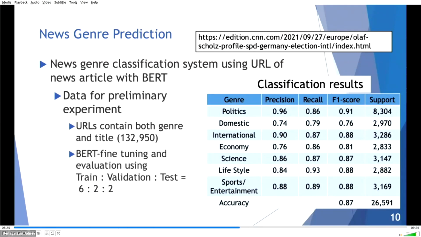We conducted preliminary experiments on news genre prediction using URLs of news articles that can be classified using mapping rules. We confirmed the accuracy of the system is 87%, and it may be a good starting point for this research.